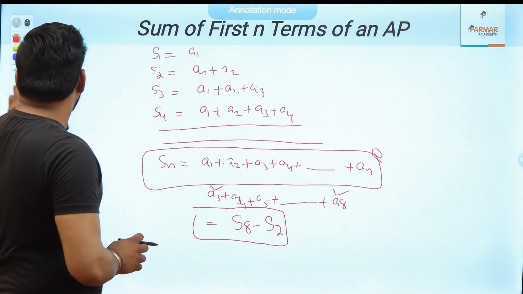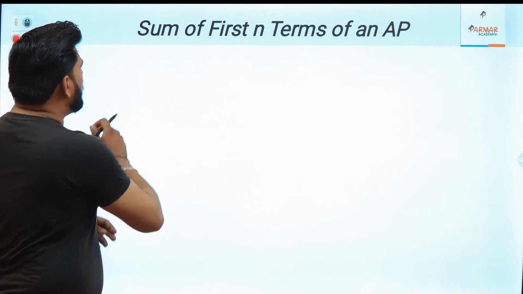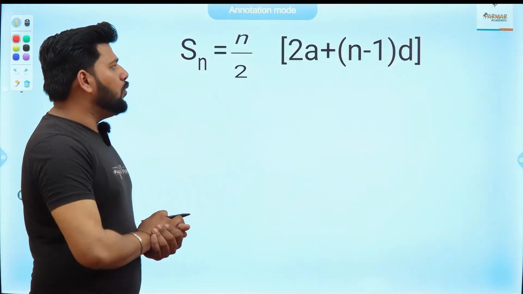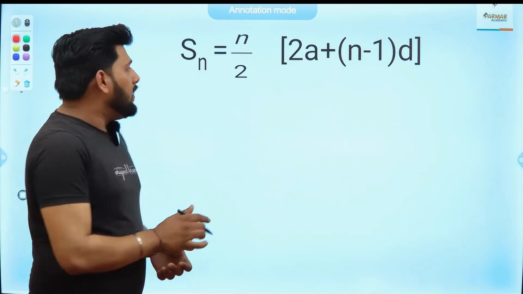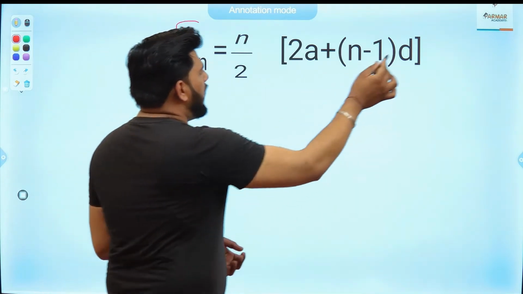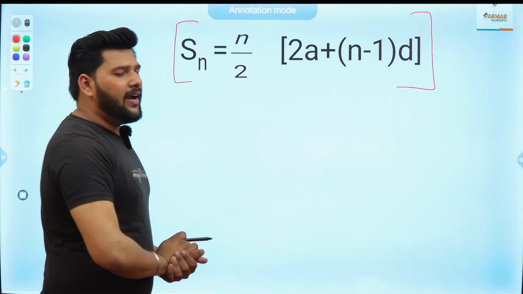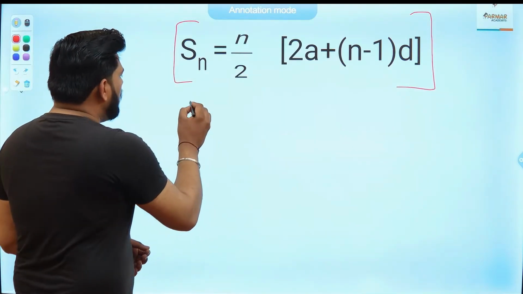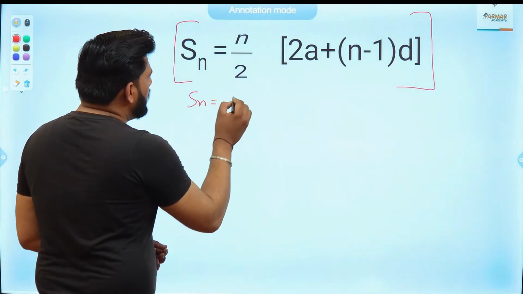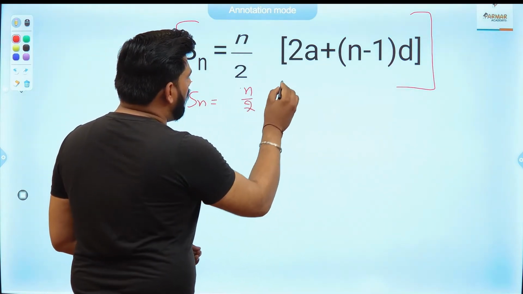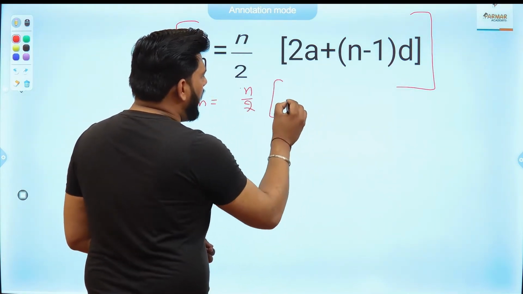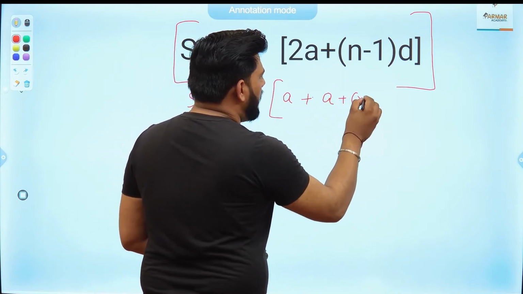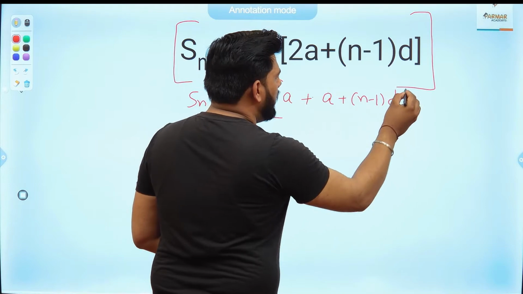Now the formula to find the sum of first n terms is Sn equals n upon 2 times (2a plus (n minus 1)d). Using this formula we can easily find the sum of first n terms of an AP sequence. We can also change it like this: n upon 2, we can write 2a as a plus a plus (n minus 1) times d.